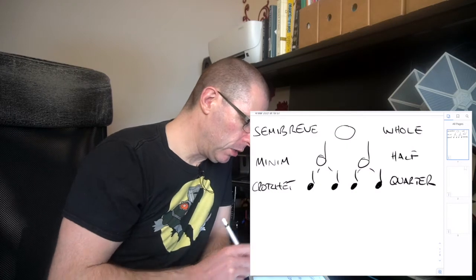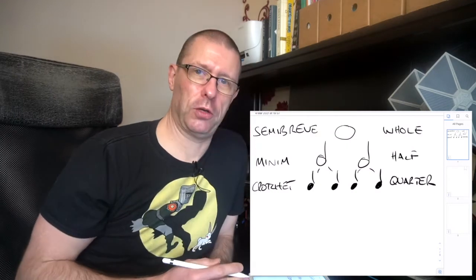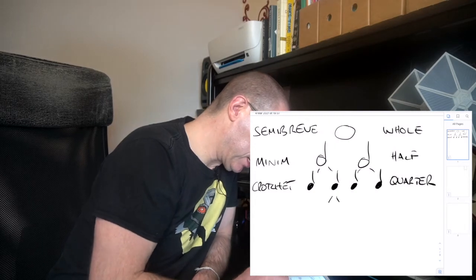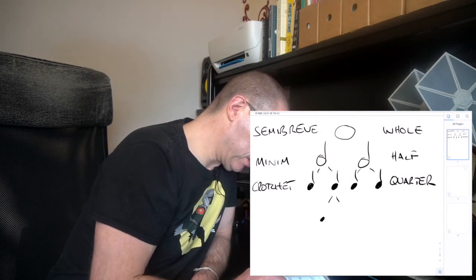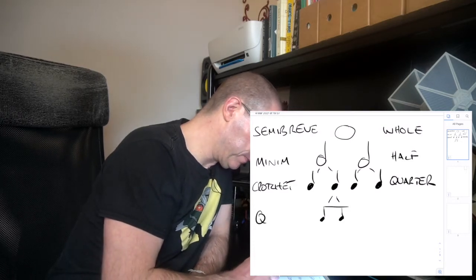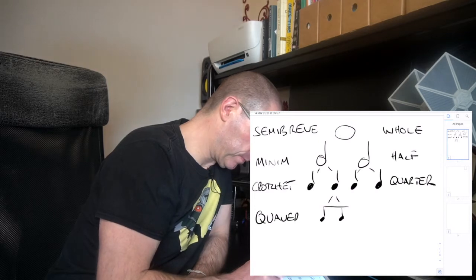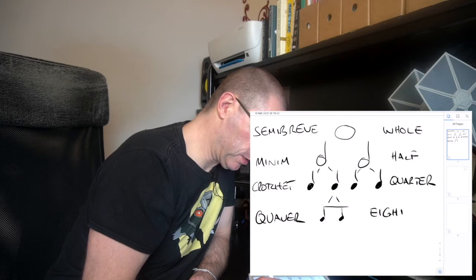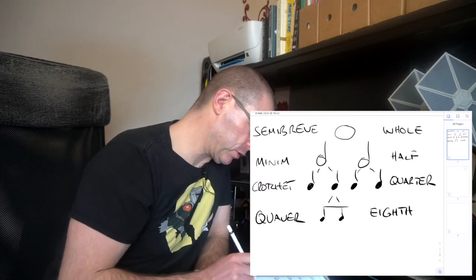Now I'm going to start narrowing things down because I don't have a big enough screen to write this on. If we then halve the crotchet or the quarter note, we get a quaver, and it's known as an 8th note. I don't know if I'll spell this right. I think that's right.